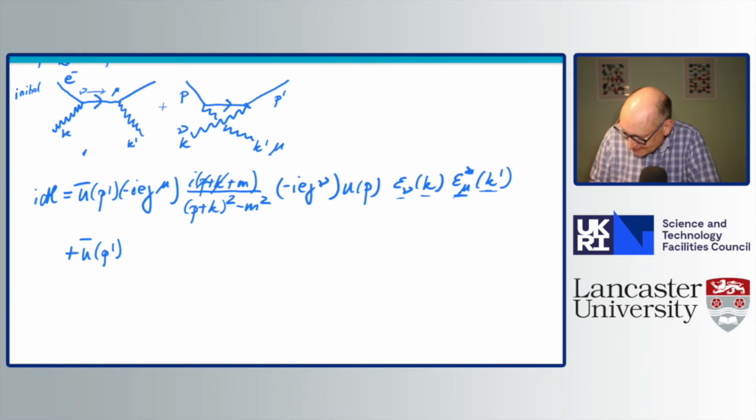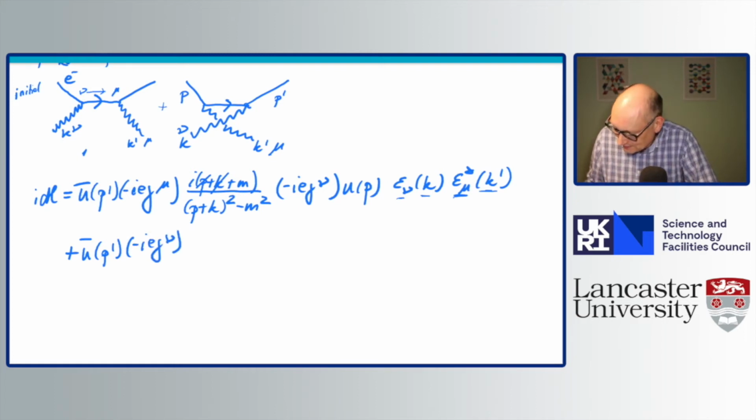Completely confusing there. Mu is the one that goes with K prime, nu is the one that goes with K, as I've written down here. Good. So when we go for the second diagram here, the first vertex that we meet is the one that corresponds to nu. So that's minus i e gamma nu, and then we still have the same epsilon mu K, epsilon mu star K prime.